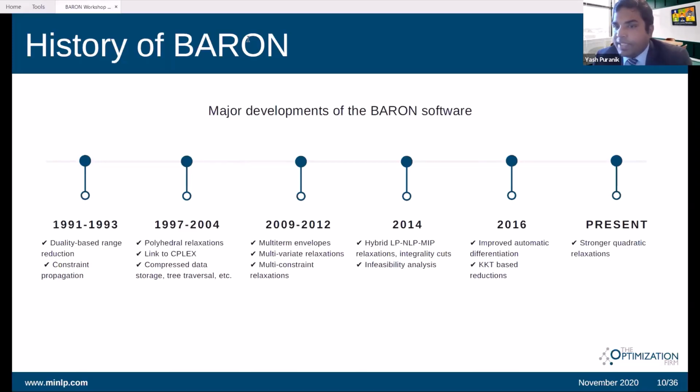And with some experimentation, we eventually came up with a smart hybrid strategy where BARON internally within its search automatically decides when to choose linear solvers or polyhedral relaxations and when to choose NLP relaxations. And in that context, why just solve LP relaxations?